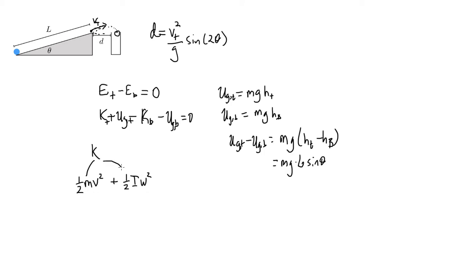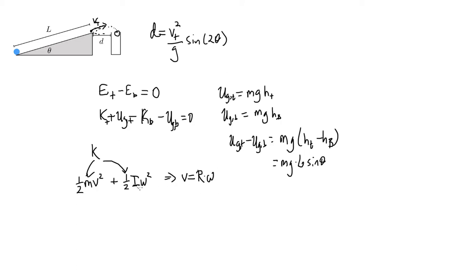That moment of inertia controls how much of the energy has to go into rolling versus how much has to go into moving the center of mass. And if we're rolling without slipping, we further have the relationship that the speed is equal to the radius of the ball, r, times omega.